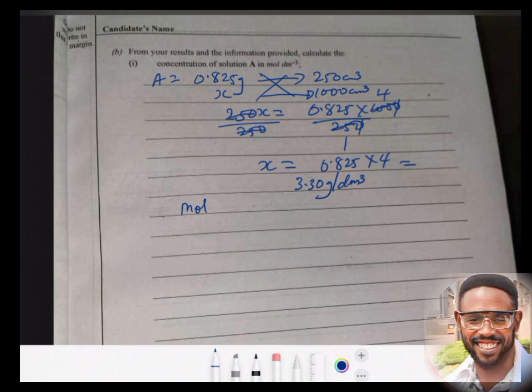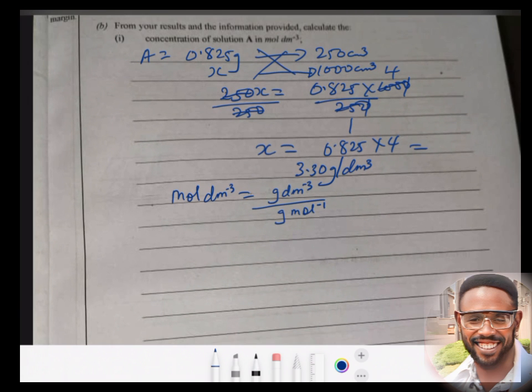We now say mole per dm cube is equal to gram per dm cube over gram per mole. Interpreting this, it means molarity is equal to mass concentration over molar mass.